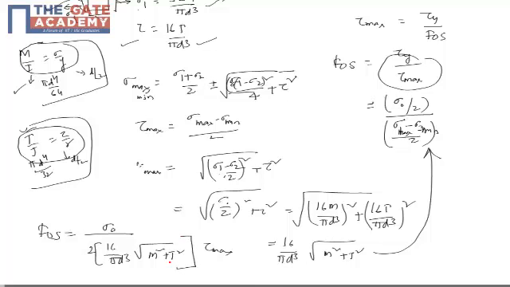Now is the time to solve it. We got the FOS to be sigma naught by 2 divided by 16 by pi d cube root M square plus T square. This is what we got in the last step, so let's substitute.